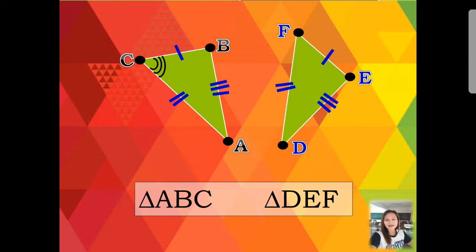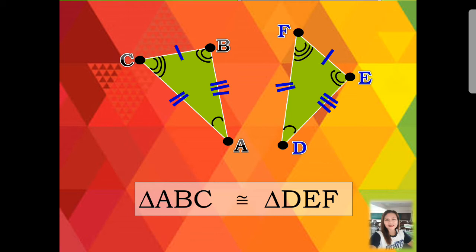Angle C is congruent to angle F. Angle B is congruent to angle E. Angle A is congruent to angle D. So therefore, triangle ABC is congruent to triangle DEF.